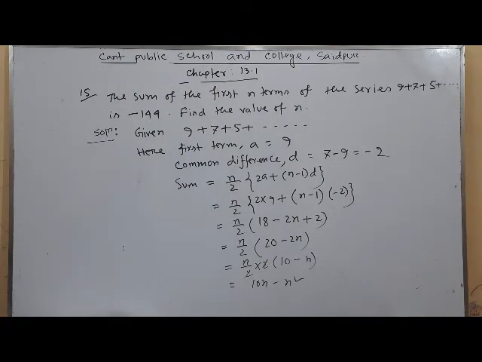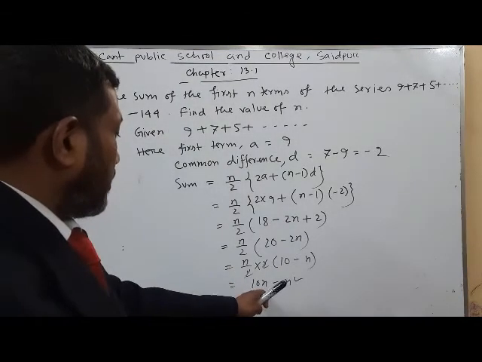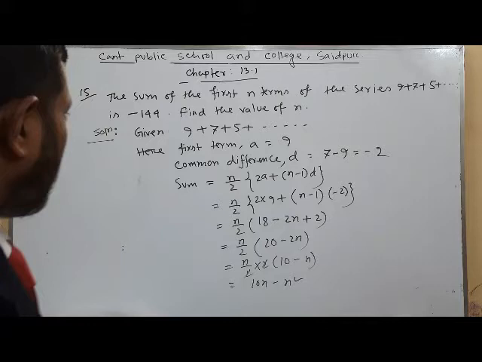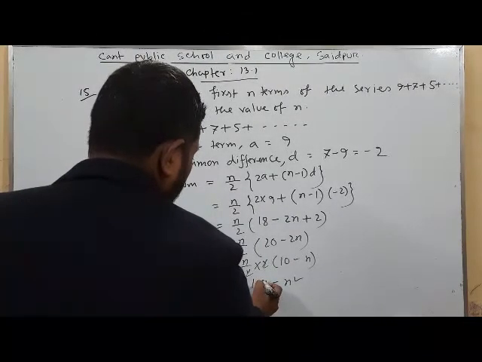We know the sum of the first n terms of this series is minus 144. So according to this question, 10n minus n square is equal to minus 144.